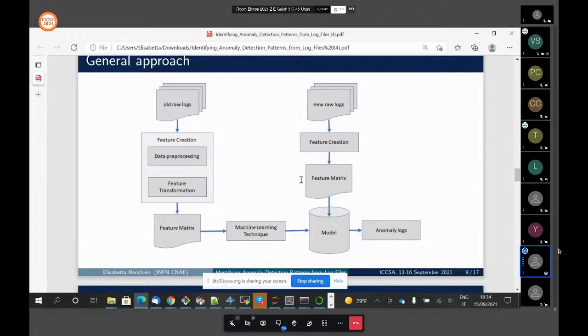At this point, we are able to use a feature matrix as input to the machine learning techniques. To validate the models, we use new log files, new entries for the specific service. And finally, we detect anomalous entries for the specific service.